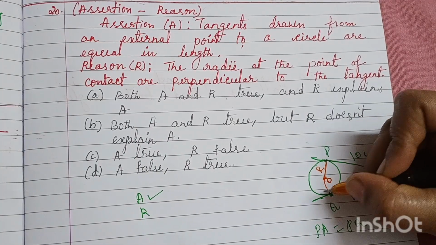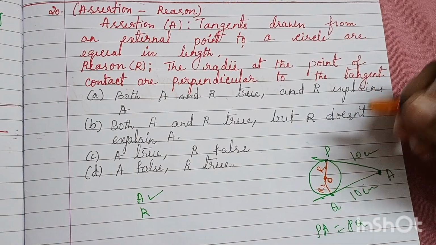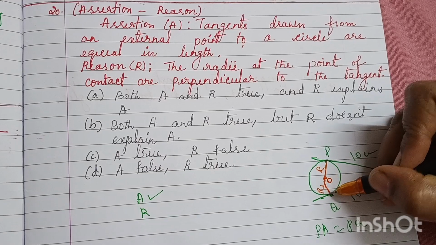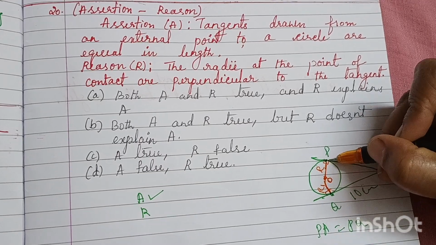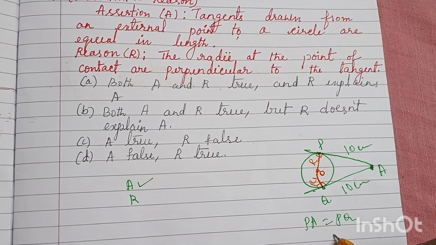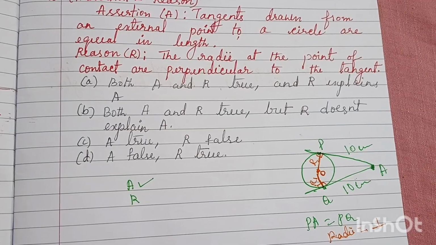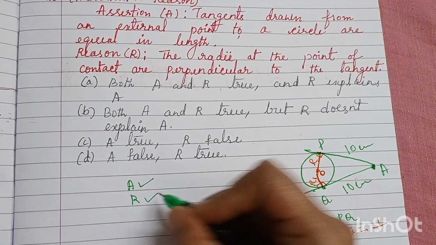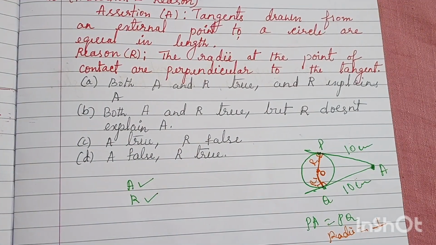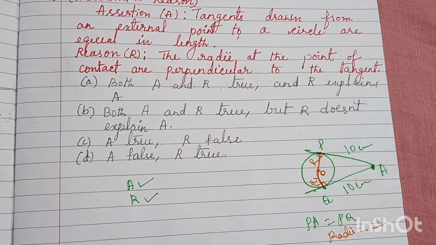Two radii. The radii at the point of contact are at 90 degrees, perpendicular to the tangent. Yes, that is also correct. The reason is correct, but the actual reason for the tangents being equal is not given.